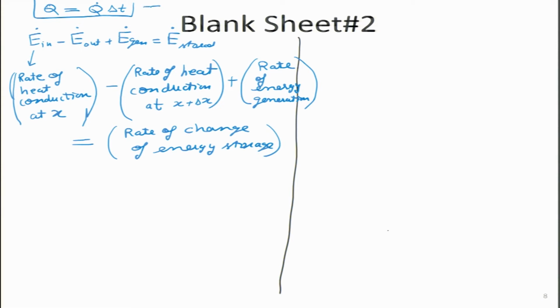And this hint I will give from over here. If you remember, the amount of energy change for a particular thing we had written as mCp delta T in our first lecture. So, we are going to make use of that for this fourth bracket over here.